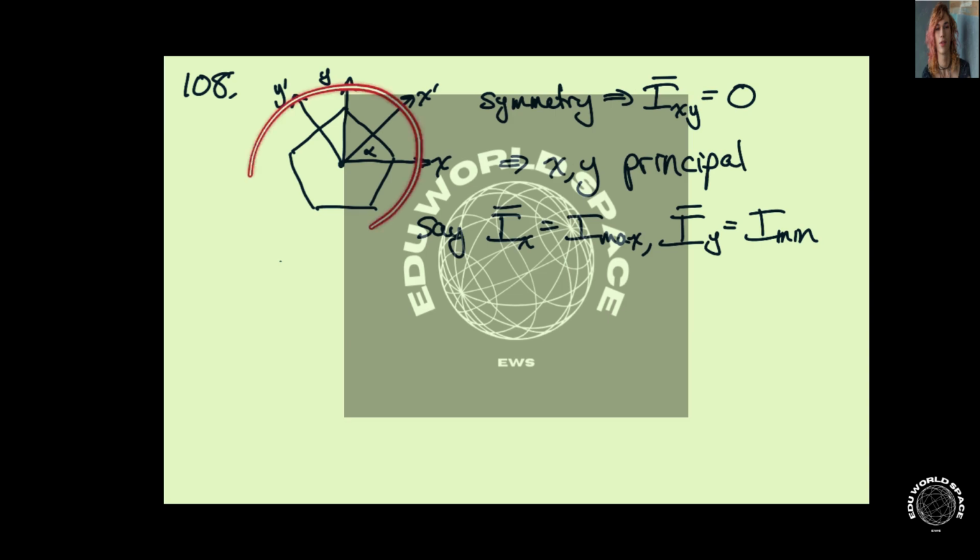So as they suggest in the book, we'll take a pentagon, for example. But again, we could do this for any regular polygon. So we have symmetry about these x and y axes.